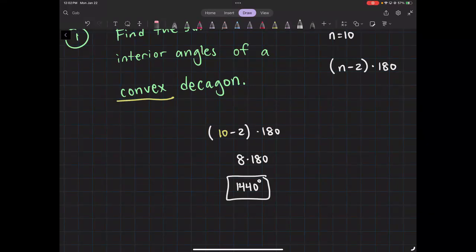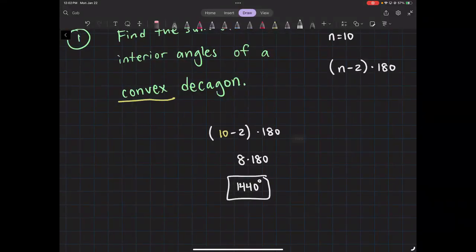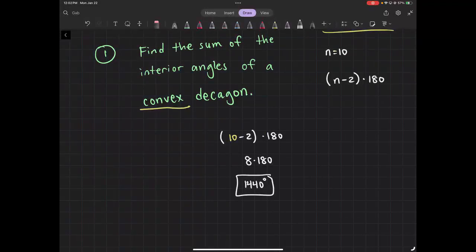Add it up all together. Kayla, I think you were reading the singular angle, right? You said 144. So if you take that and multiply it by the number of sides, you will get the sum. Okay, that's another way to do it.